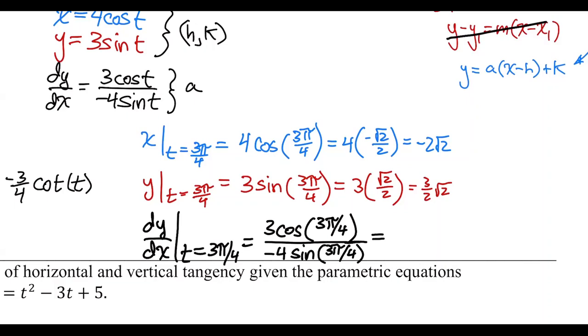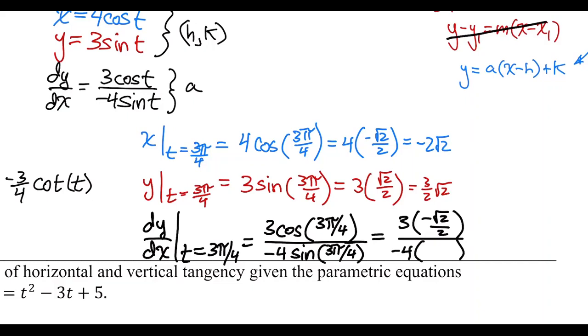All right, so we've already run some of these computations. We know that cosine of 3 pi over 4 is negative rad 2 over 2. So 3 times negative rad 2 over 2. Now, if you happen to know your cotangent rules, then you can save yourself a little bit of time, but I'm kind of assuming that's not necessarily the case, or at least it's something we can take some time and review one of these days.